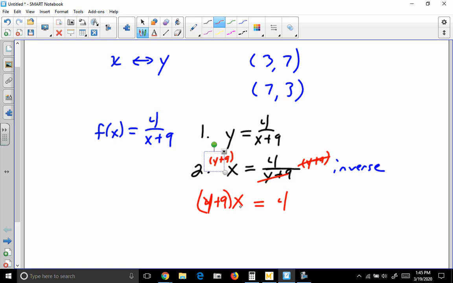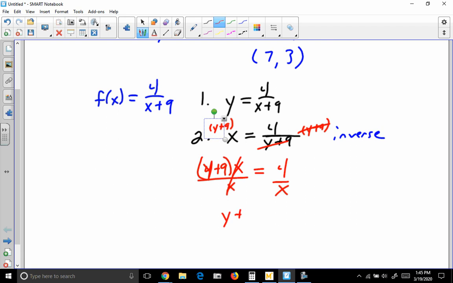Now we could go ahead and distribute here, or we could divide by x and then move the 9 over. It doesn't really matter here. In this case, we'll divide both sides by x. So we get that y plus 9 is 4 over x. And then, of course, to get y by itself, subtract 9 from both sides. So y is 4 over x minus 9.